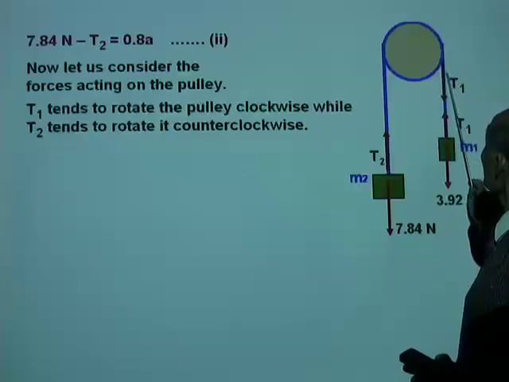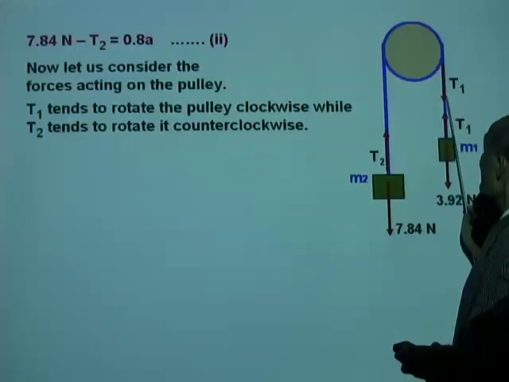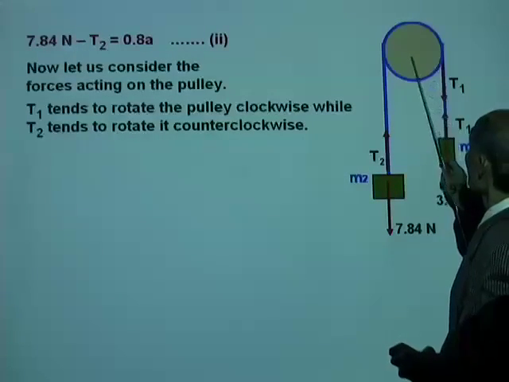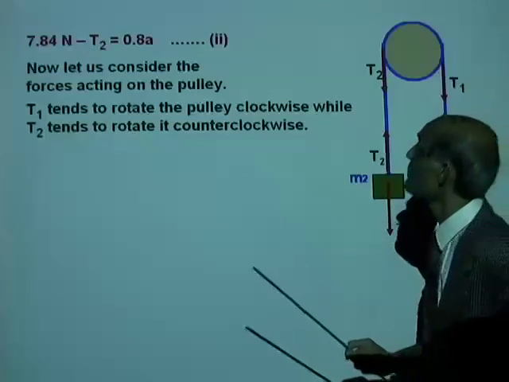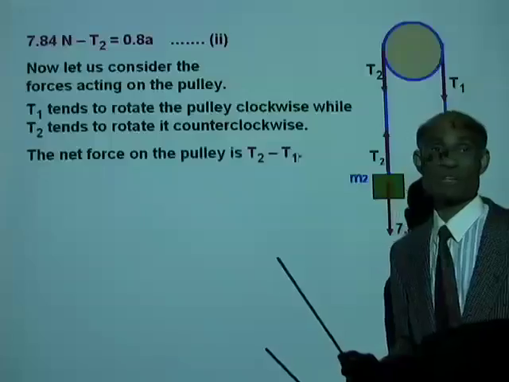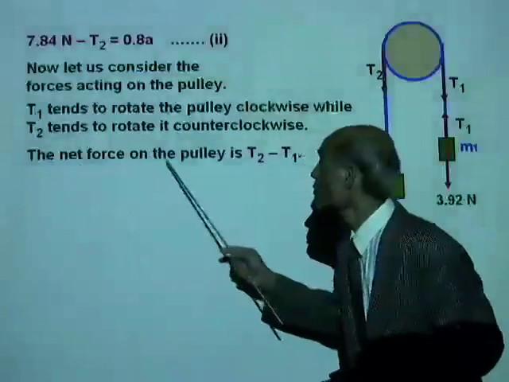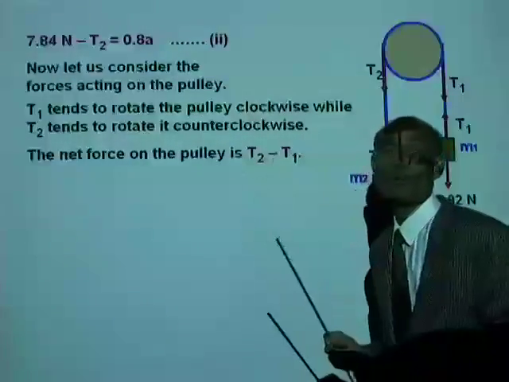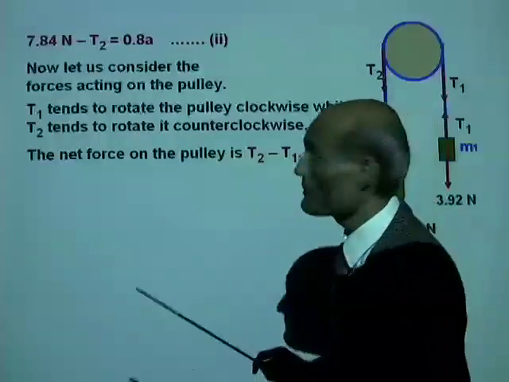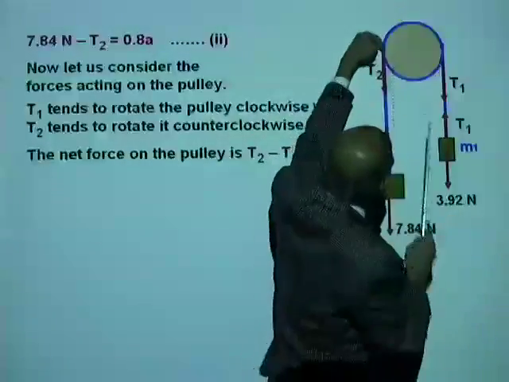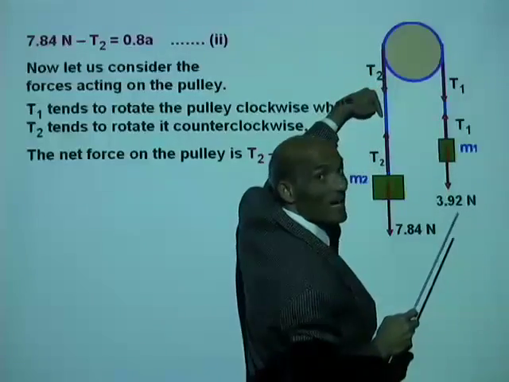The net force on the pulley, therefore, is T2 minus T1. And the net force will be acting down here.